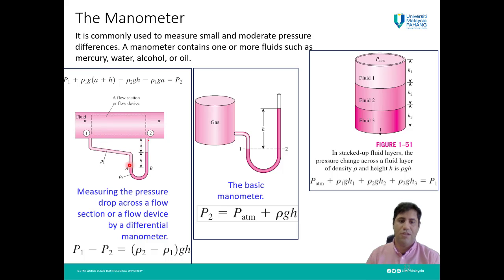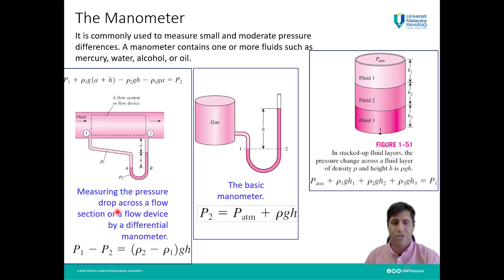We can add this manometer, which is U-shaped equipment. You can see here, because of the pressure difference between these two, the liquid, which can be mercury or alcohol or oil, stays at a different elevation, and you can see the difference is H.